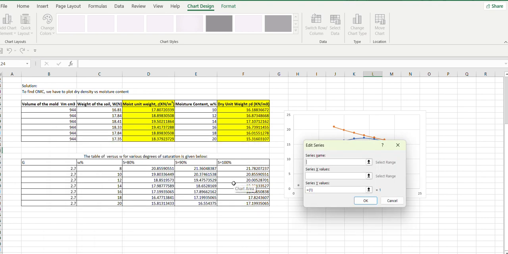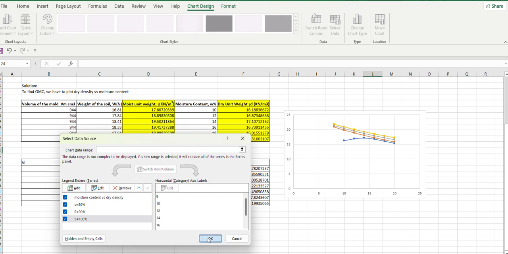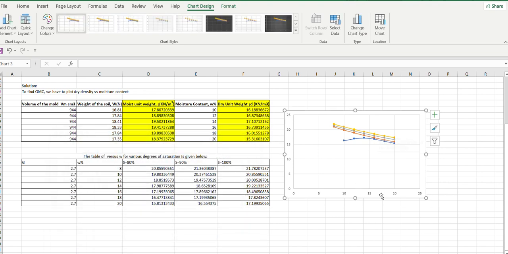Add S is equal to 90%, and S is equal to 100%. X value is the same moisture content, and Y value is this column.